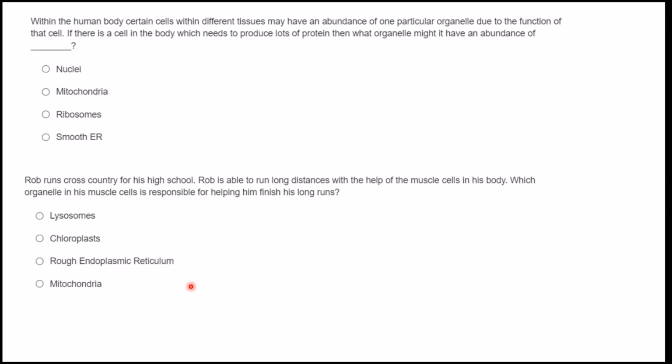Ribosomes. Okay, you are correct, because ribosomes are the organelles responsible for protein synthesis.